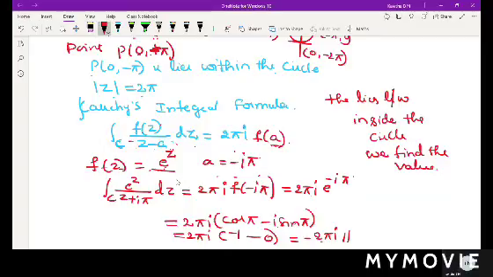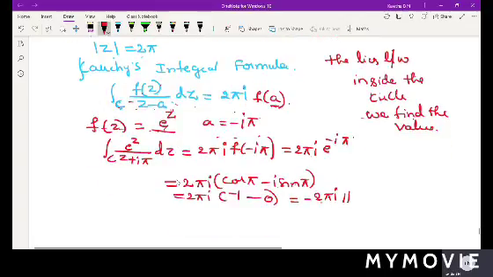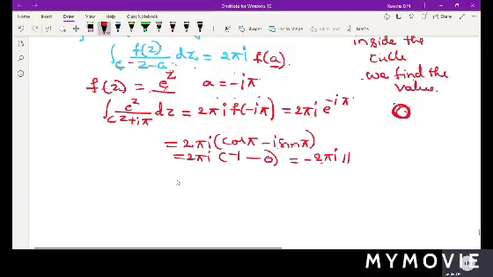If the point does not lie inside the circle, we can directly put it as 0. Then one more condition is there.